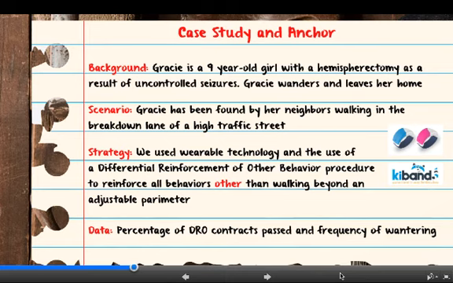And the neighbors had found her on several occasions walking down in the breakdown lane. Why was that happening? Because Gracie had a behavior of wandering. This also connects us to a crisis plan, and a safety net plan. I'm going to describe that in a minute.